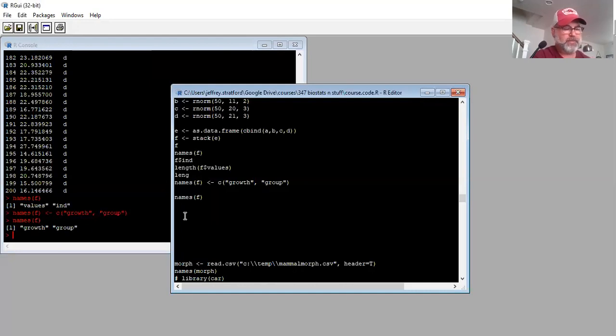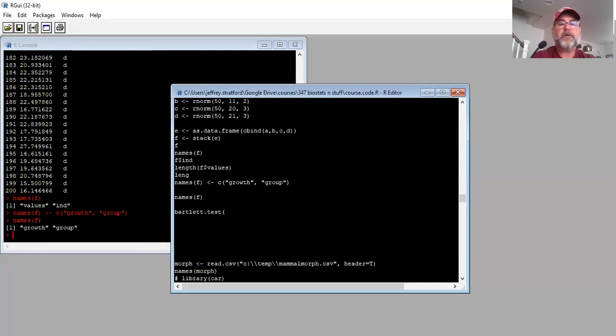How do we proceed? The first thing we want to do is check for equality of variance between groups, also called heteroscedasticity, or homoscedasticity if they're the same. And that's just Bartlett test. So we want to go bartlett.test.